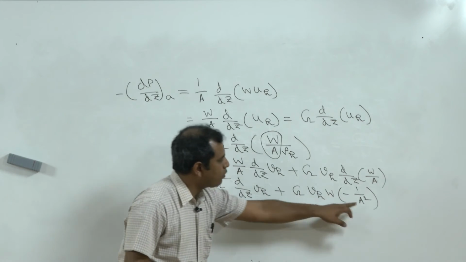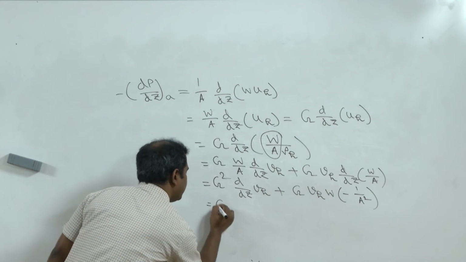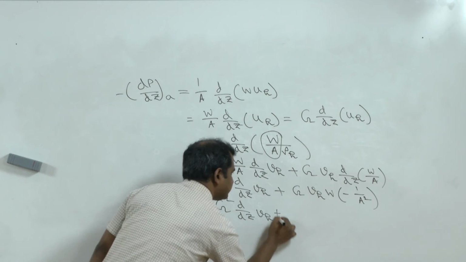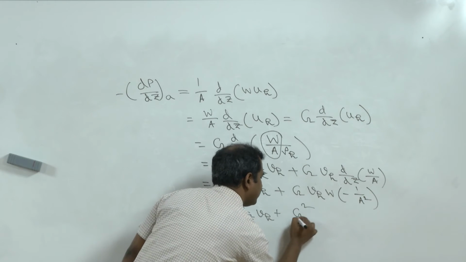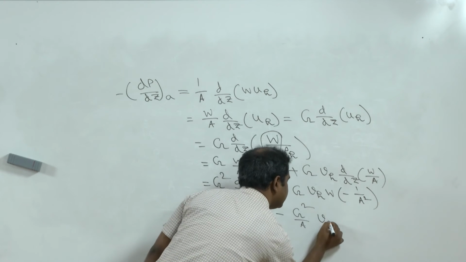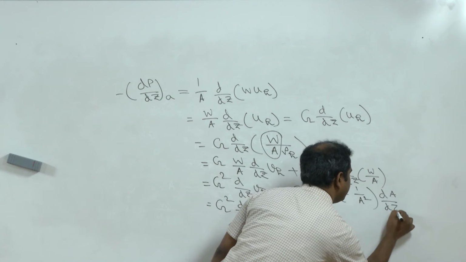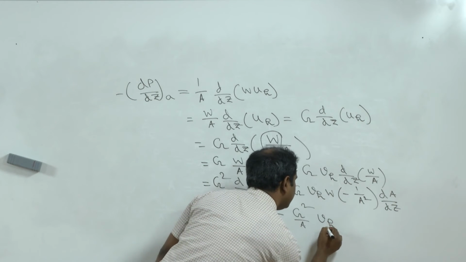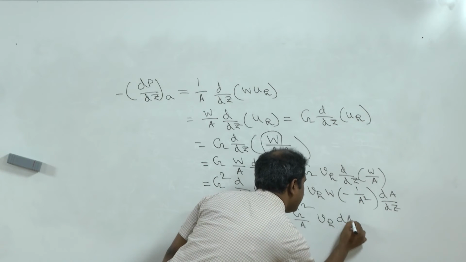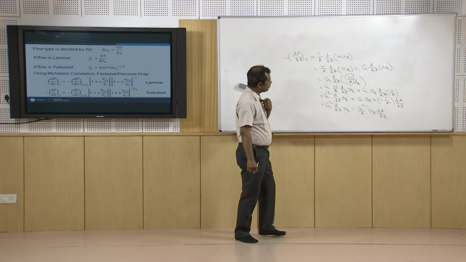So, W by A, 1 by A I can take from here and convert into G squared. So, this will become G squared d/dz of v_h plus this will become G squared by A, minus v_h into, by the way I have missed dA/dz. So, here we will have G squared by A v_h into dA/dz.